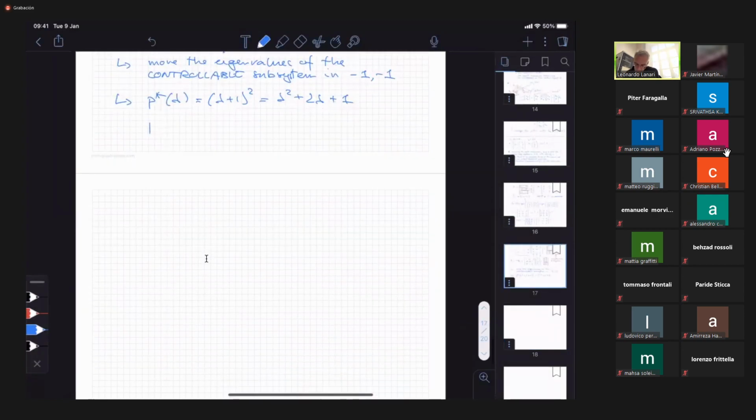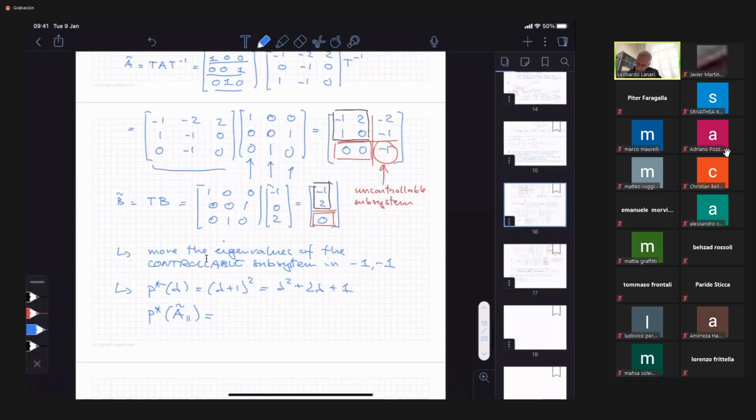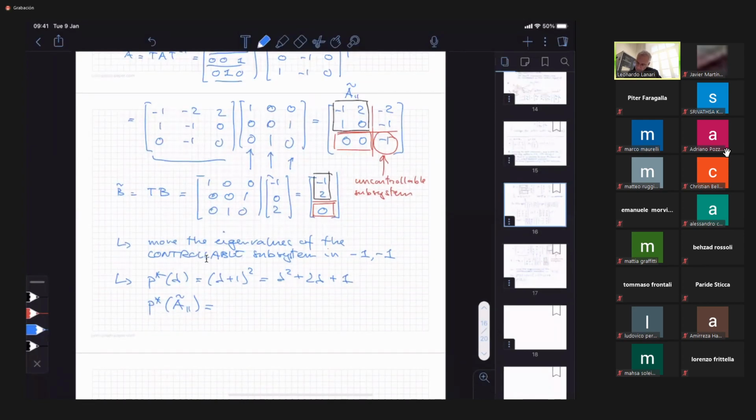So we need to compute this in A11 tilde, where A11 tilde is this matrix here.